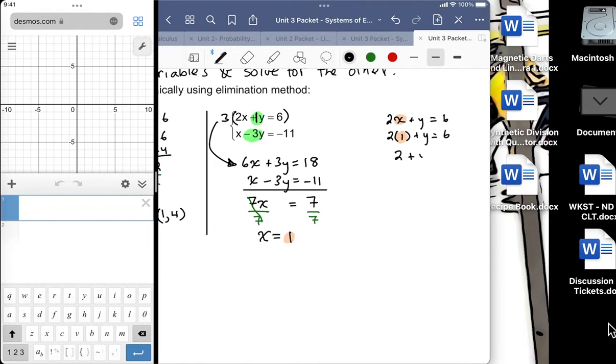So 2 plus y is equal to 6. I'm going to subtract 2 from both sides, and I get y is equal to 4. So same solution, different avenue. We took a different beginning approach, but it still worked out the same way.